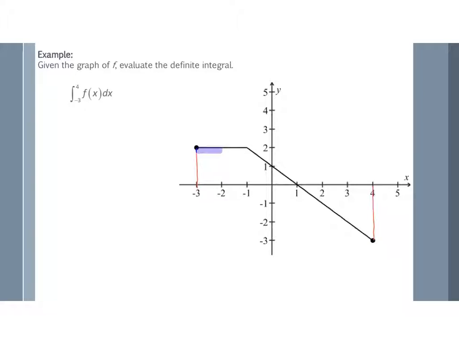So we found this area, and then we found this region. So I would break up my definite integral into those 2 regions.